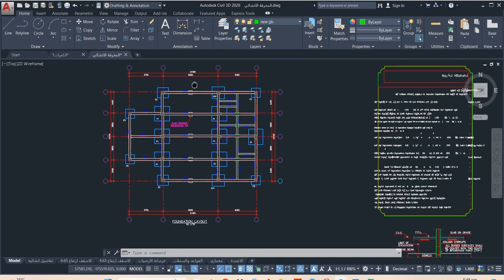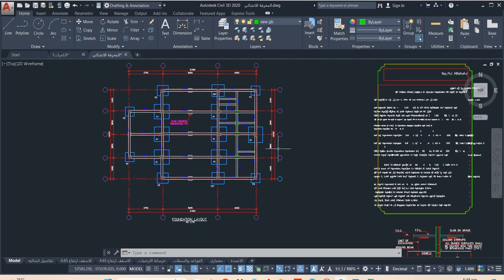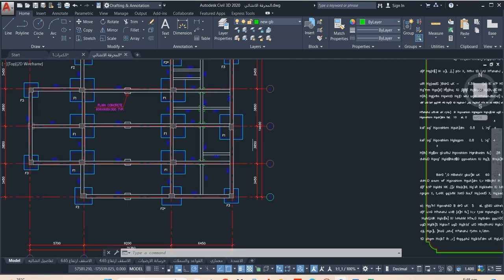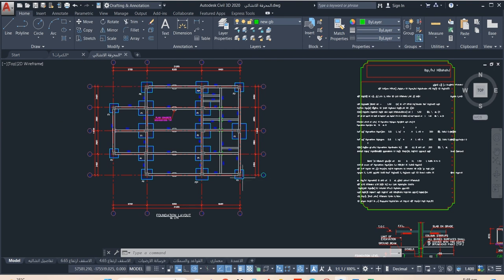See, this is around 21 meter and this is around 14 meter. So overall, including safety factors and all that, we were told to take this as 16 meter and this as 25 meter.